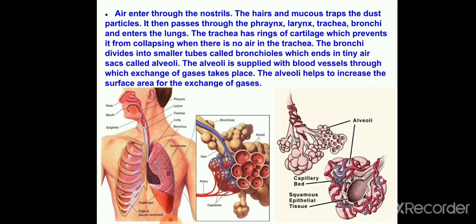The bronchi divide into smaller tubes called bronchioles, which end in tiny air sacs called alveoli. In the diagram you can see these tiny sacs; millions are present, and here there is exchange of gases. The alveoli increase the surface area for exchange of gases, as they have a bubble-like structure.